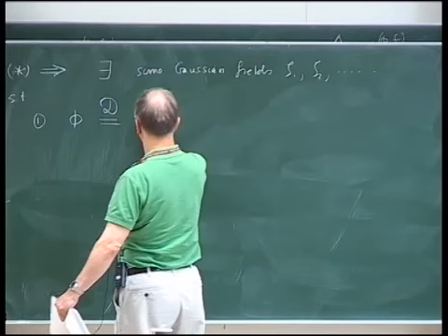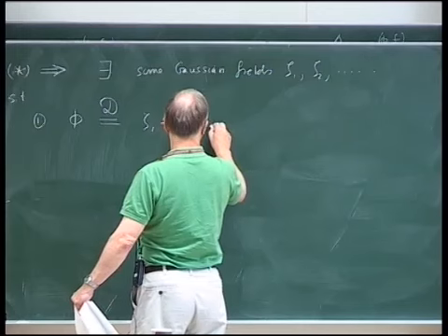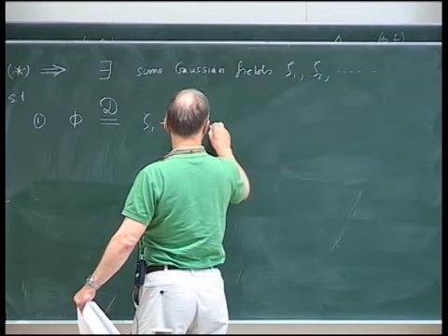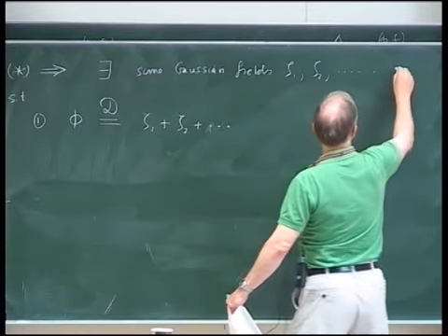I'm going to tell you what that means in a second. Phi equals zeta 1 plus zeta 2 plus dot, dot, dot, where the zetas are independent.